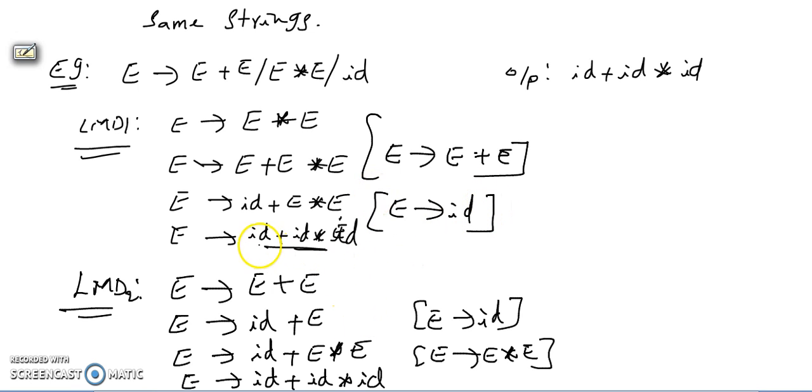So this is ID plus ID star ID. This is one more LMD for ID plus ID star ID.